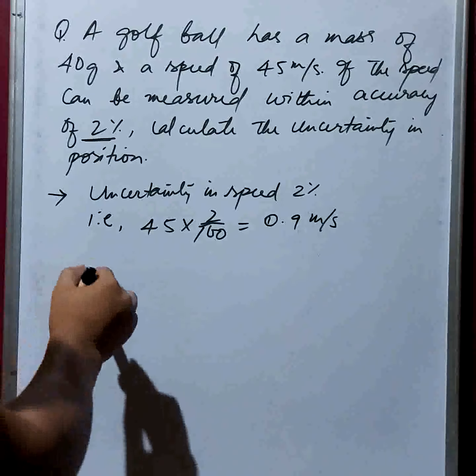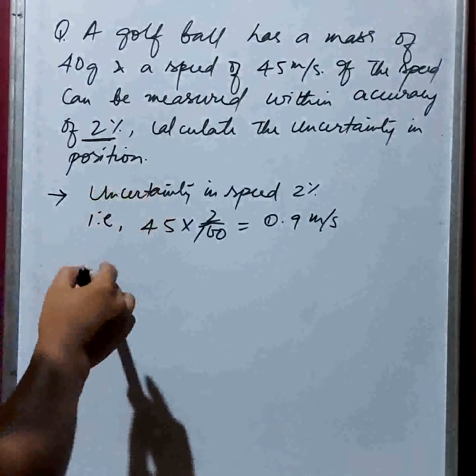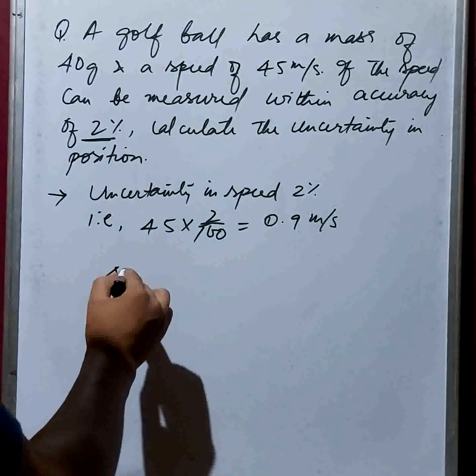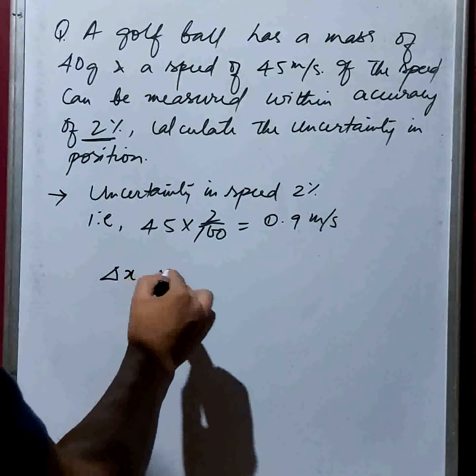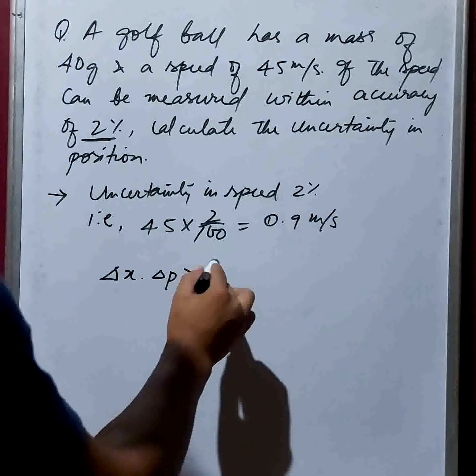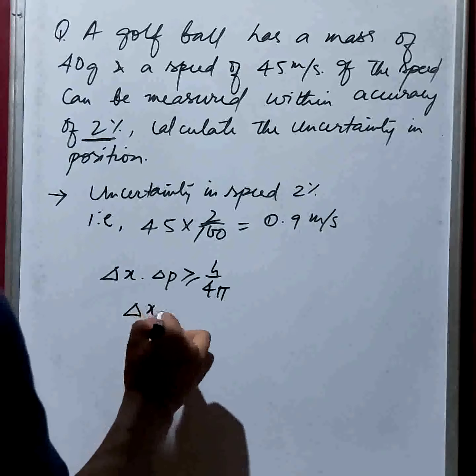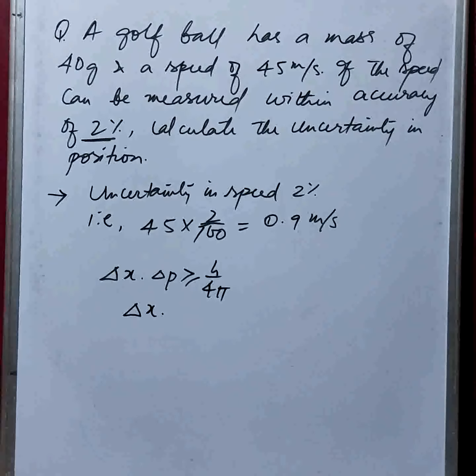Now we know from Heisenberg's principle that delta x into delta p is greater than or equal to h by 4 pi.